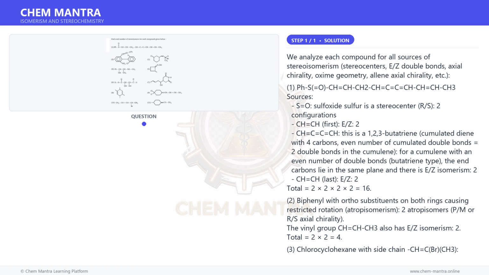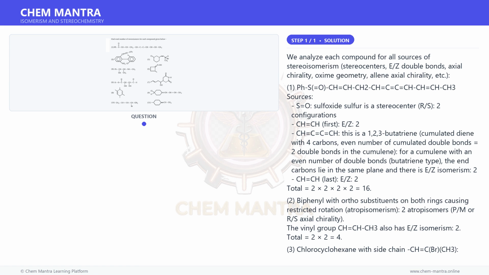But the answer is 16, implying 4 stereoelements each with 2 states. Re-examining, Cl on ring is a stereocenter, 2. The ring carbon bearing the chain is another stereocenter, 2. E/Z of the double bond, 2. The Br-bearing carbon of the alkene also has a specific geometry consideration, or there is a second stereocenter in the chain.